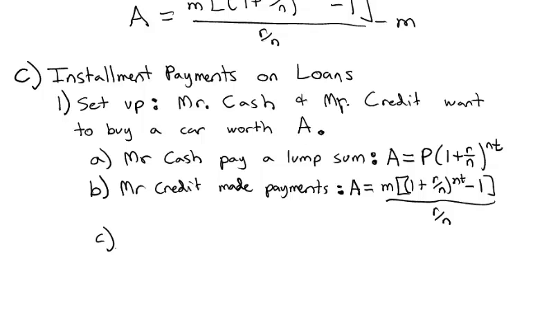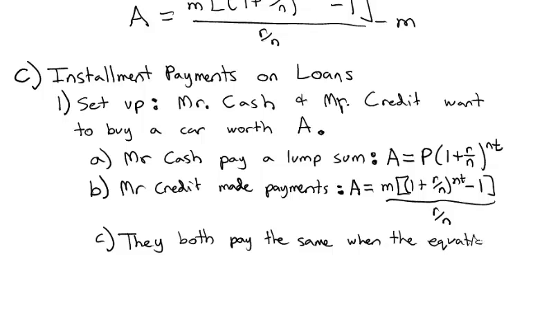The car company wants to have the same result at the end of the loan or the end of the lump sum. They don't care which is done. So the car company wants to make sure that they both pay the same, at least in terms of how much is in the account at the end of the 5-year period of the loan, or whatever situation that is. And that is when the equations are equal.